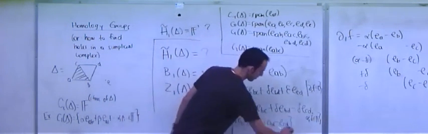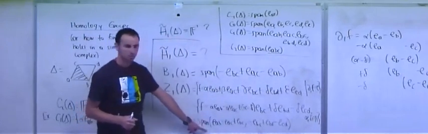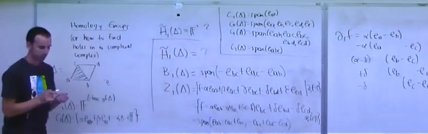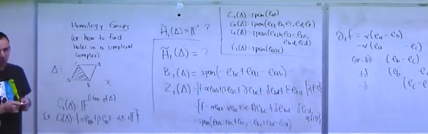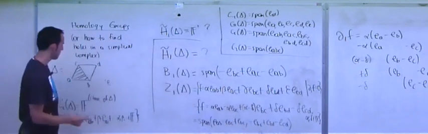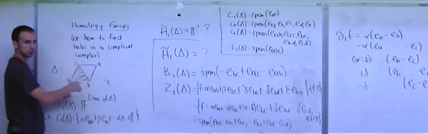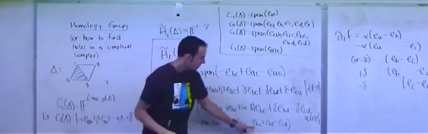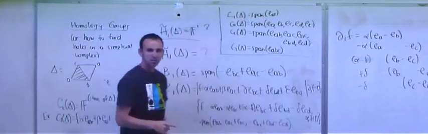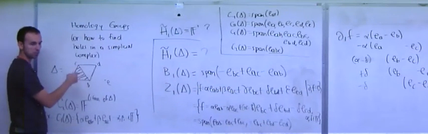Okay. These are exactly the things in the span. And now hopefully you see why I call them cycles. Because this guy, EAB minus EAC plus EBC, is exactly what I get walking around here. And minus EBC plus EBD minus ECD is exactly what I get when I walk around here. And these are my two cycles.